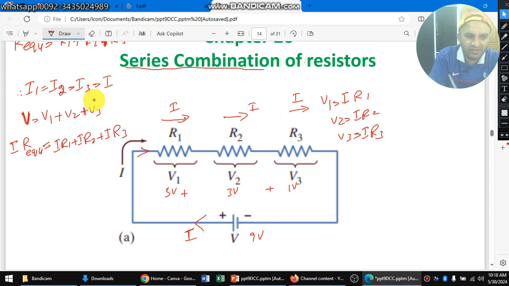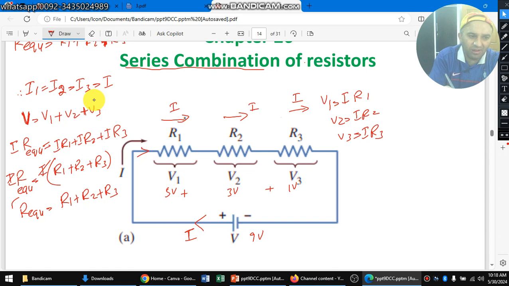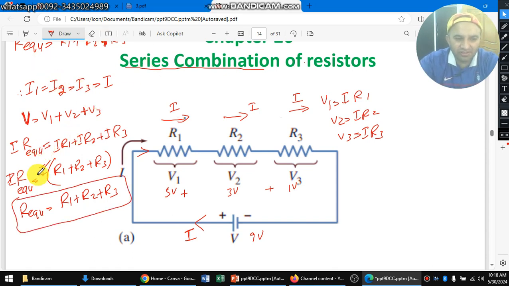We get I R equivalent, and since I is common, we take it out: I times R1 plus R2 plus R3. So I cancels, and we are left with R equivalent equal to R1 plus R2 plus R3. This is the equivalent resistance of the series combination.